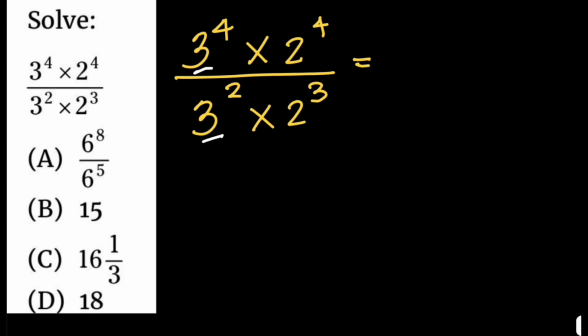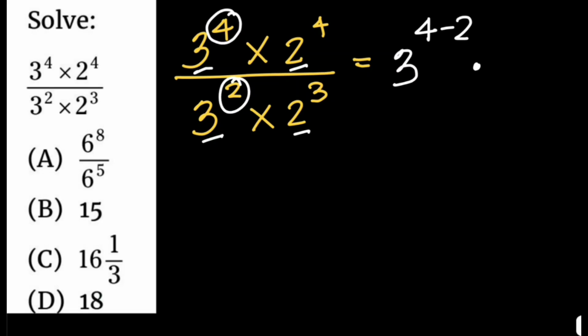So we can use the division rule of the law of exponents, which means we can just copy the base 3 and then subtract the exponents. The exponents here are 4 and 2, so we subtract them. That would be 3 to the 4 minus 2, then times 2 to the fourth and 2 cubed.